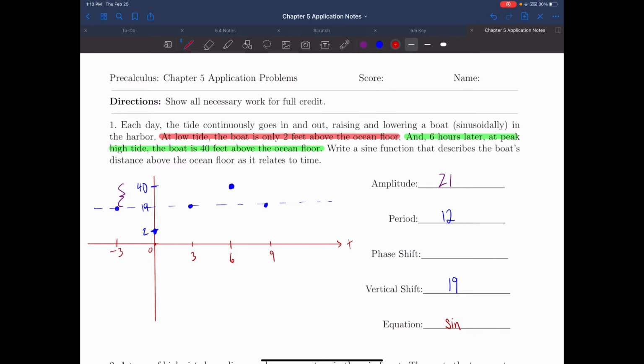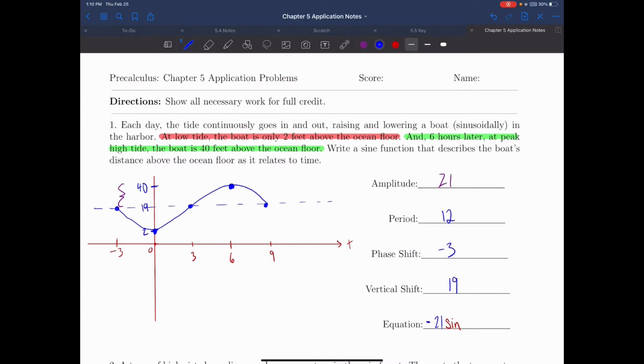If you look at what we drew here, that is a sine function, and I didn't have to choose this one, so you're going to vary which one you choose. That's the one I chose. What that represents is a negative sine function, and the amplitude is 21, so it would be negative 21 sine. There is a phase shift of negative 3.